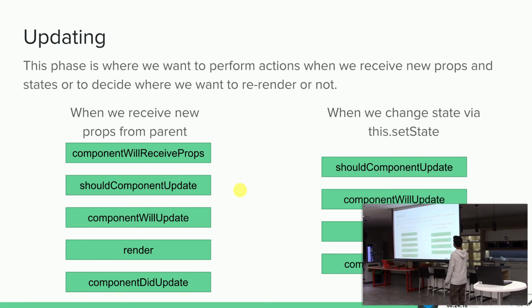Nice. Then the other set of updation happens in the setState kind of thing. But you will see the only difference is that in this section there is no component will receive props. Obviously, we understand that, right? And the rest is equivalent to that. Component did update is equivalent to that. Because sometimes our component depends on the state.